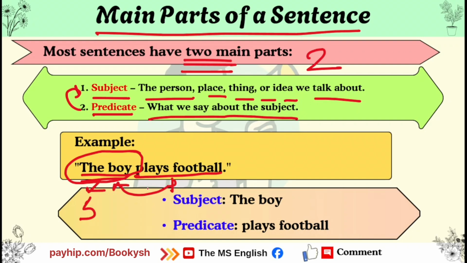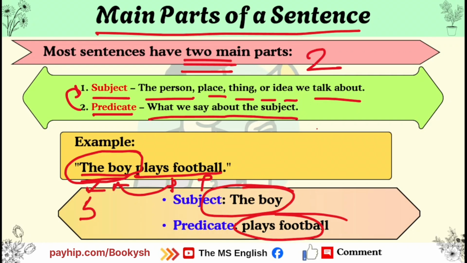What we are saying, that the boy plays football. So the boy is subject, and as we are saying something about the subject, the complete portion is predicate. The boy is subject and predicate is plays football.